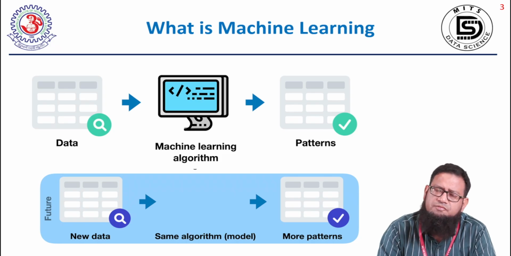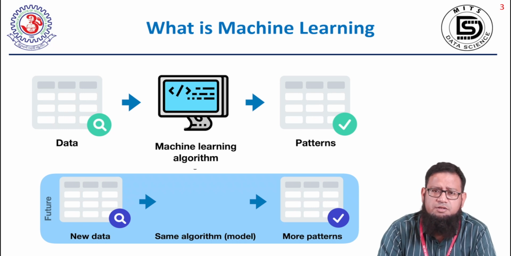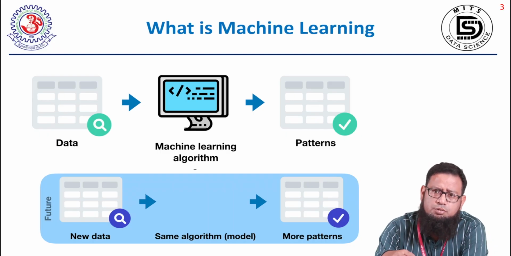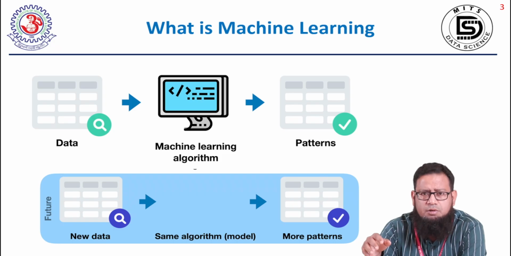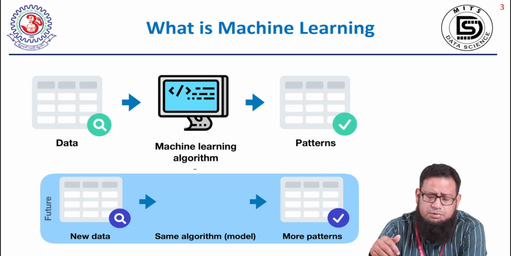Based on your last 5 years of data, you form a pattern: people of certain age and gender, their income limit, whether they own a household and so on, and whether these types of people pay the loan or not. Once you understand that pattern, you can apply it to any new customers who are applying for the loan and decide. So this is one of the examples of machine learning algorithms.